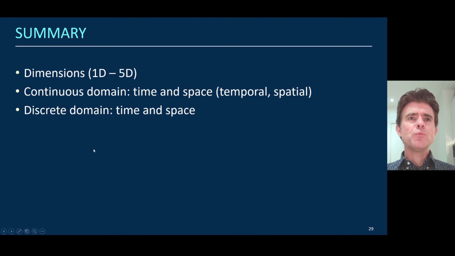Then we reviewed the fact there's a continuous domain where time and space can vary continuously. Often we use the adjectives temporal and spatial when referring to time and space. Likewise for the discrete domain, we could use integer values for time and space.